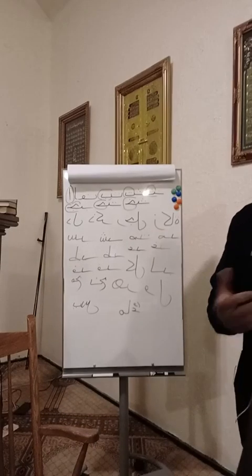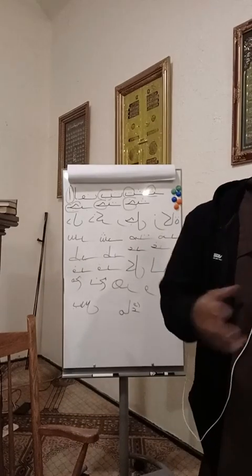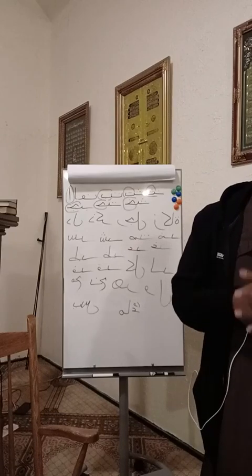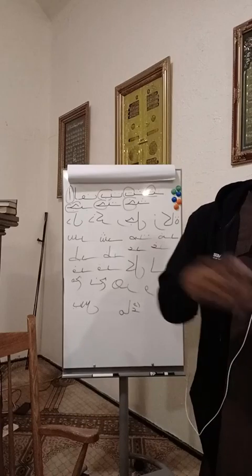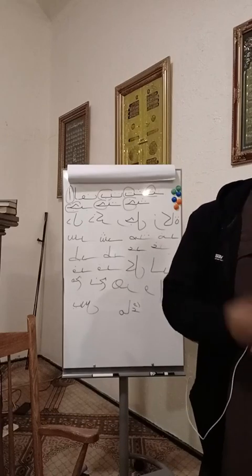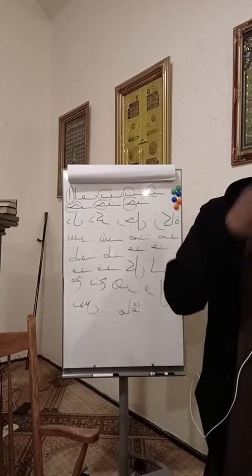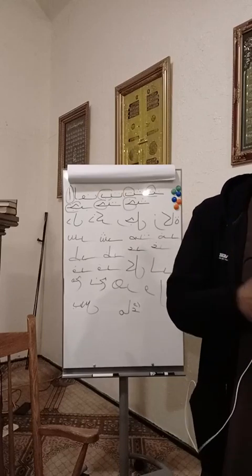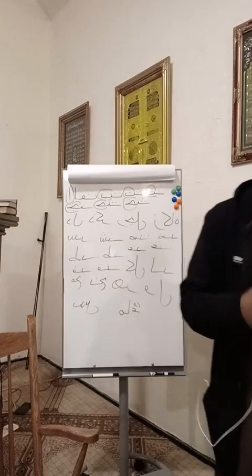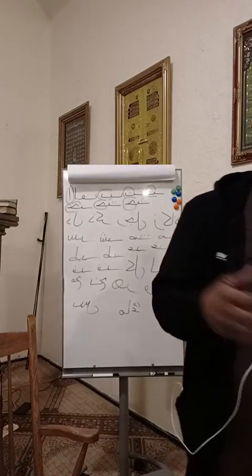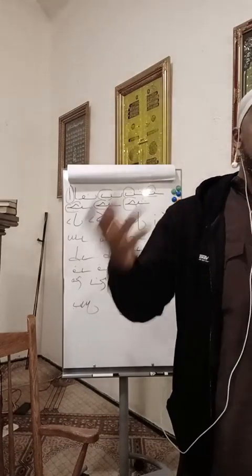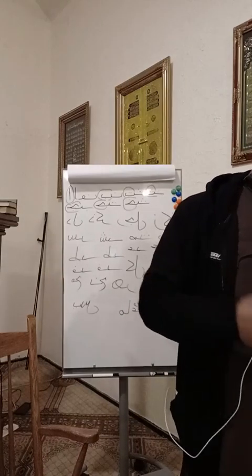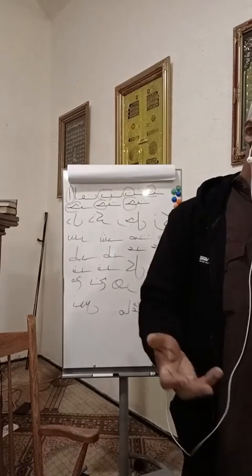You got different dialects of Arabic. People speak Arabic differently, predicated on where they come from, in their particular country, slang for lack of better words, or accent. But we don't say farmers, because not all farmers are the same. There's no such thing as a farmers' Arabic. You may have some farmers who speak a certain way, but it depends on where they live. The farmers in Morocco are going to speak different from the farmers in Palestine. Farmers in Palestine will speak different from the farmers in Egypt. You know what I mean? And so on and so forth.